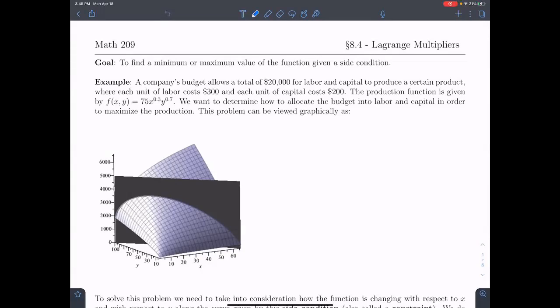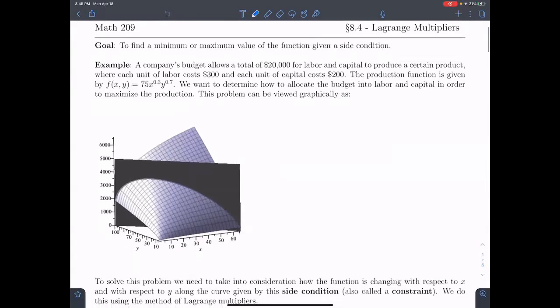So the production function has this form, and then you want to figure out how to determine the budget, taking into account the labor and the capital, that would maximize production. It is confusing.